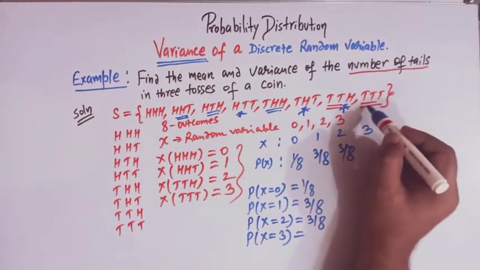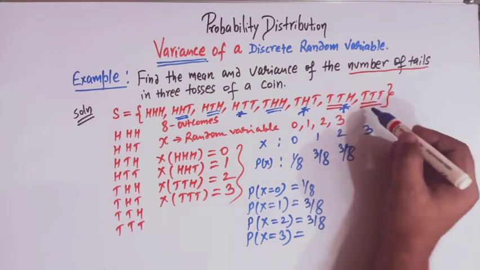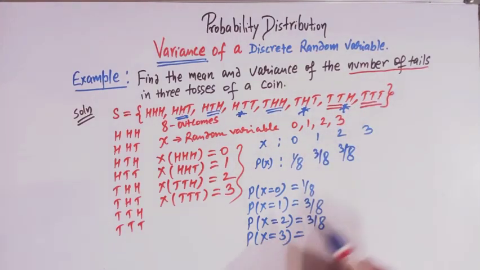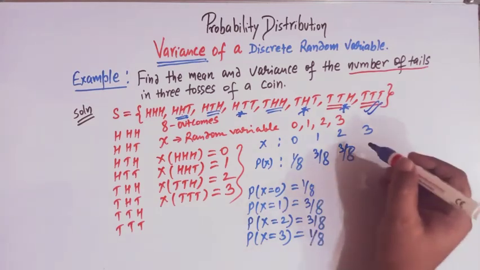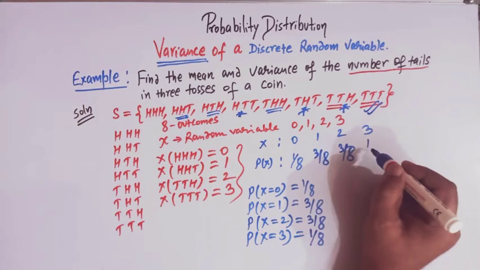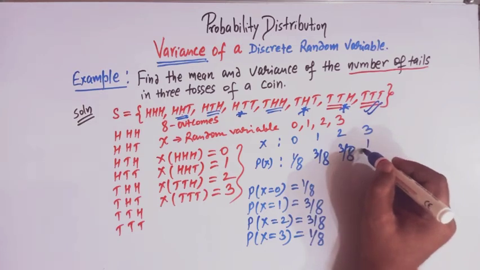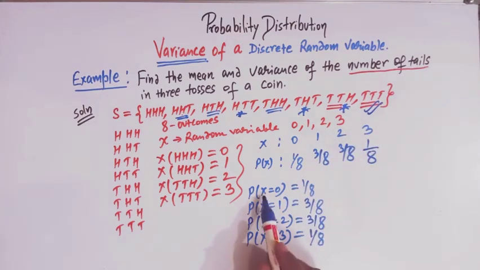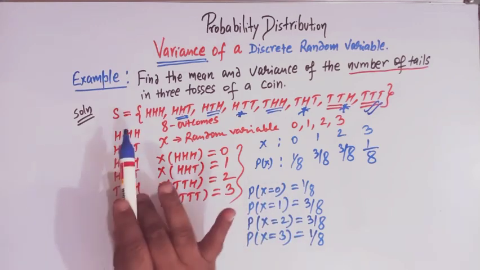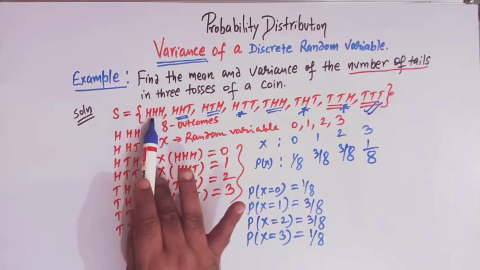So here the event which is favorable to x equal to 3 is this one, and the corresponding probability is 1 by 8, right? So here we have 3 tails, which means 1 by 8. For x equal to 0, we have 1 by 8.